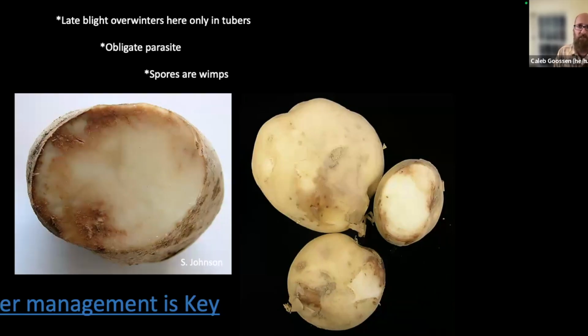As the name implies, it usually only shows up later in the season and it's less of a problem. However, if it were to show up in the spring, as happened in 2009, it didn't actually overwinter. It came to New England on tomato seedlings that were grown in an infected greenhouse down south. That was a really bad late blight year because it showed up early in the season and had a chance to multiply within a field and then spread to other fields.